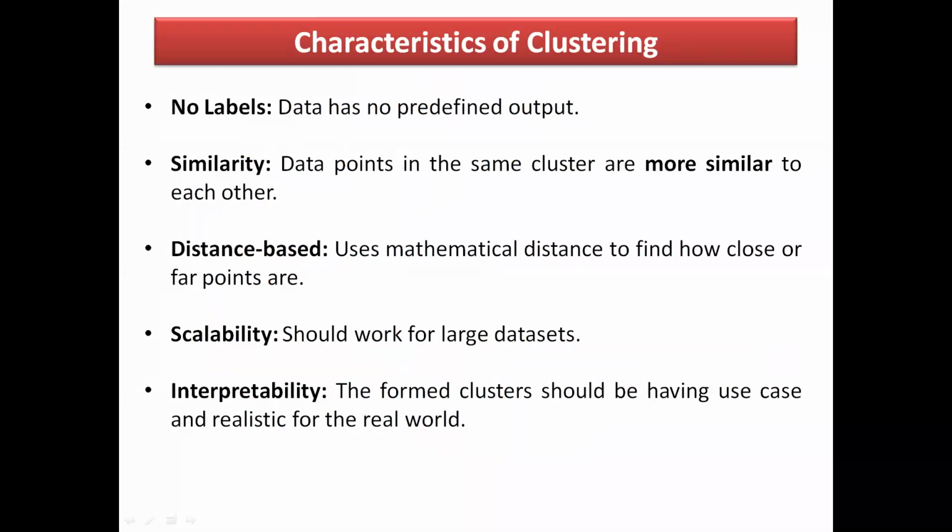There is no label, and there is no predefined label or target. So when we form some specific cluster, it becomes very challenging, very difficult to check whether cluster formation is good or not. If we relate it with image processing, for example, you are working on quantization, because image quantization is also a type of clustering.